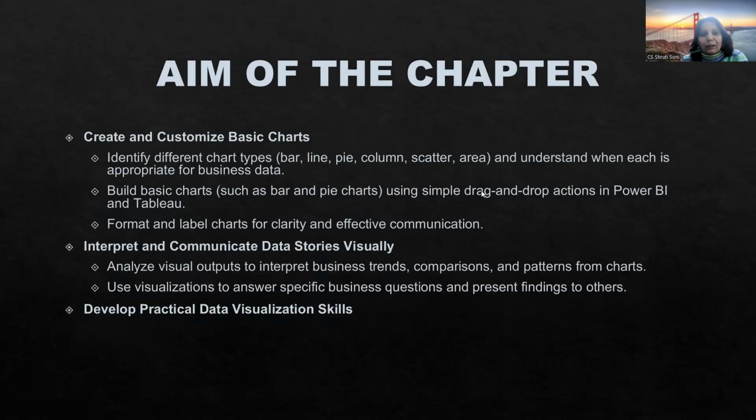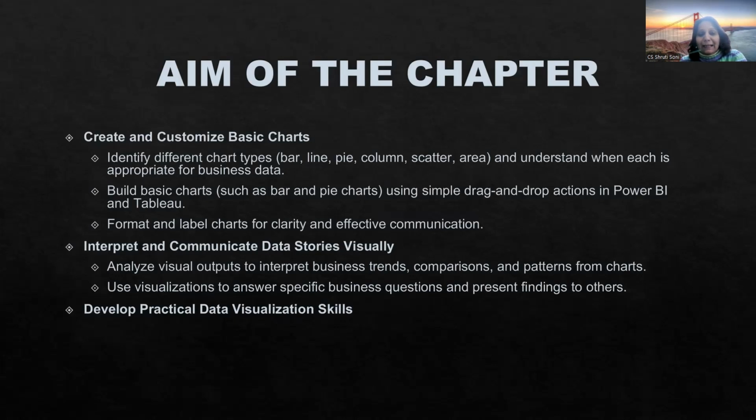Then we'll understand the different types of charts, for example bar chart, line, pie chart, column, scatter, area, donut, and stacked column. There are different kinds of chart types, and when each of them is appropriate, we'll build certain basic charts and format and label some of them for effective communication.